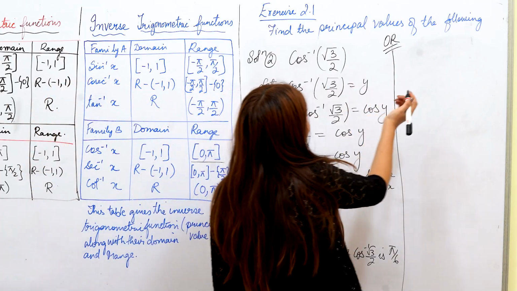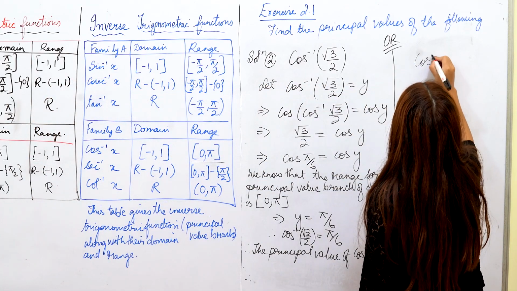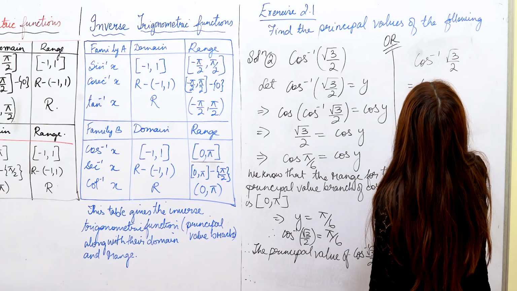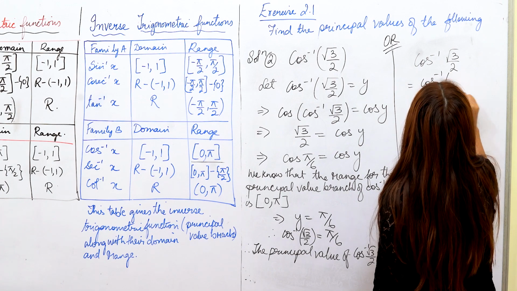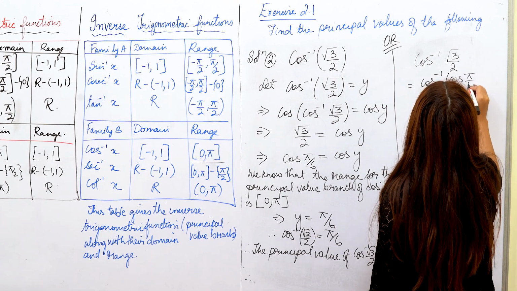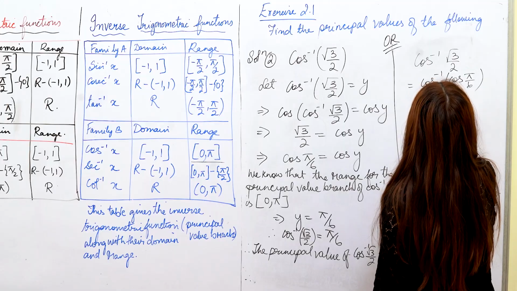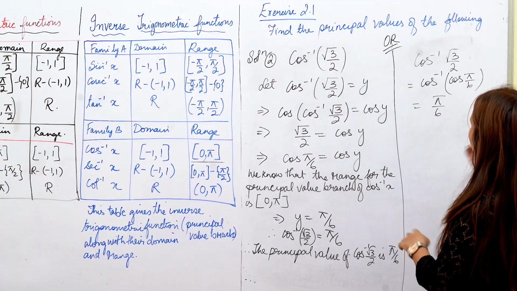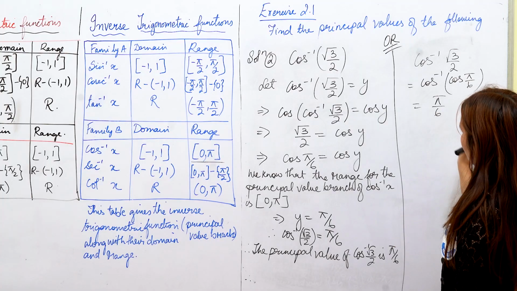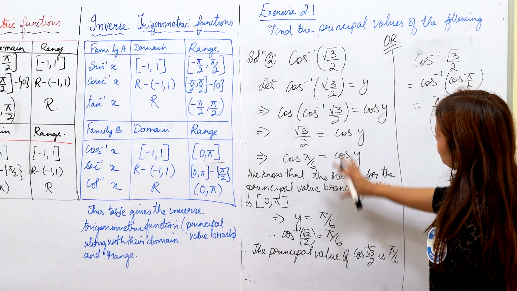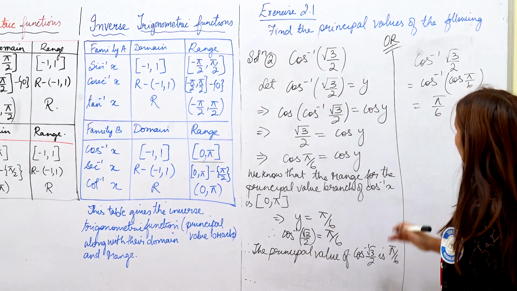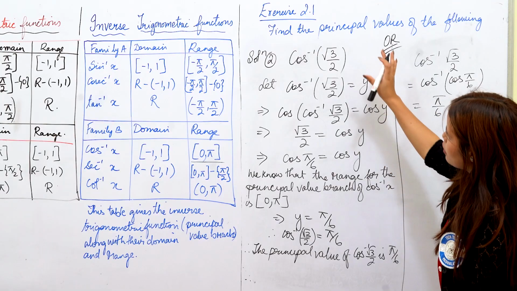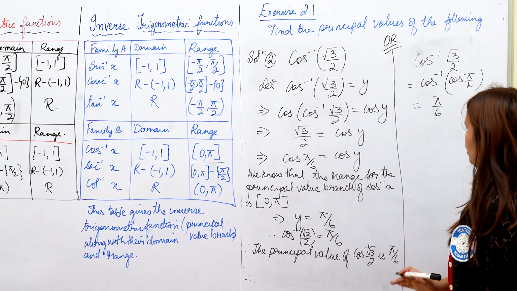Or directly, cos inverse root 3 by 2: root 3 by 2 is cos of pi by 6, so cos inverse and cos cancel, leaving pi by 6. This is a shortcut, but it is better to go step by step, line by line.